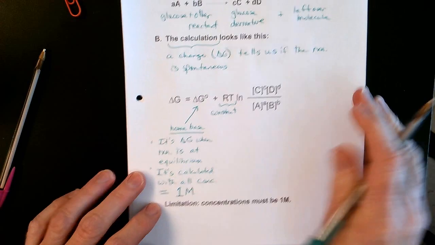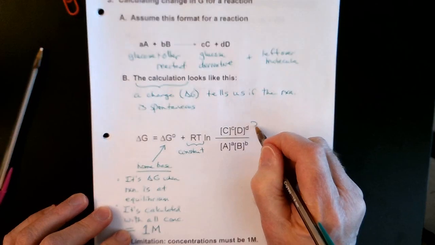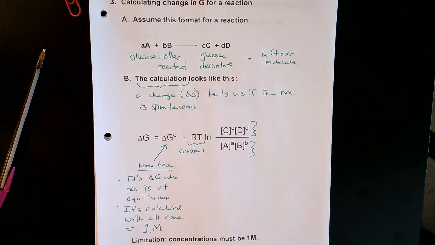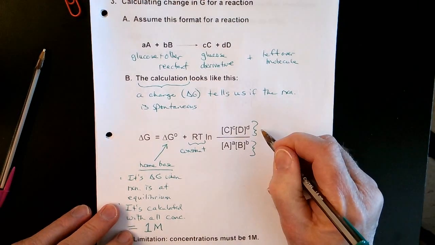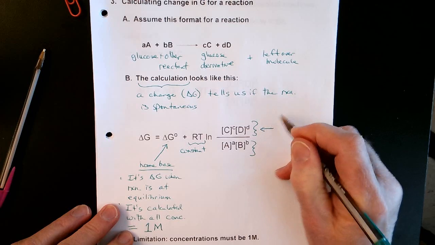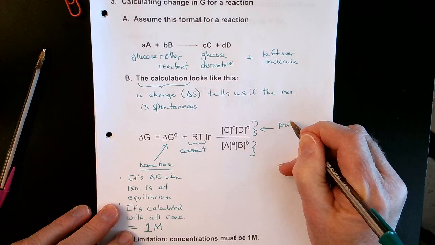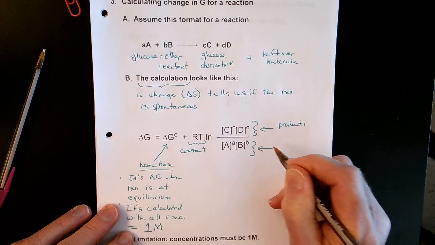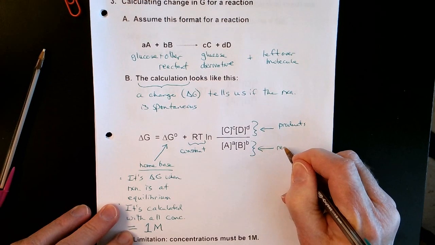And then up top here, in this part of the reaction is one thing to talk about, and as well as one in the bottom. All of these up here are products. Reactants go down on the bottom as usual.